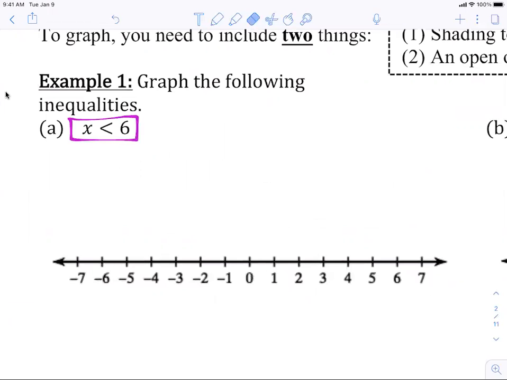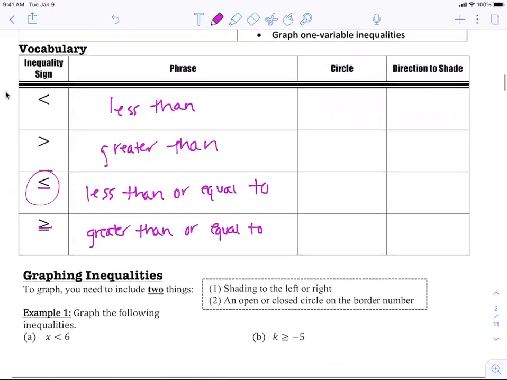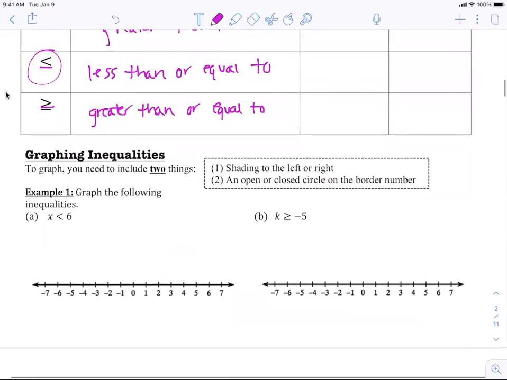With inequalities, we'll usually go a step further and graph our inequality. We need to add some things to make graphing a little easier, and the first of which is the circle. Since x is less than 6, I think of 6 like a fence.